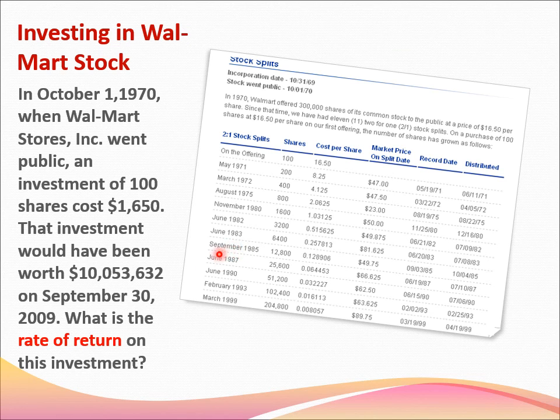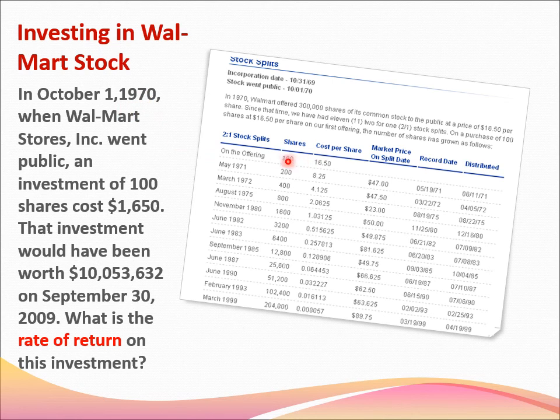So let's try to understand the idea of this internal rate of return better. You know, Walmart is a grocery store series in the United States. It's a chain of stores, and it went public. I mean, as a person, you could buy its shares on the 1st of October 1970.